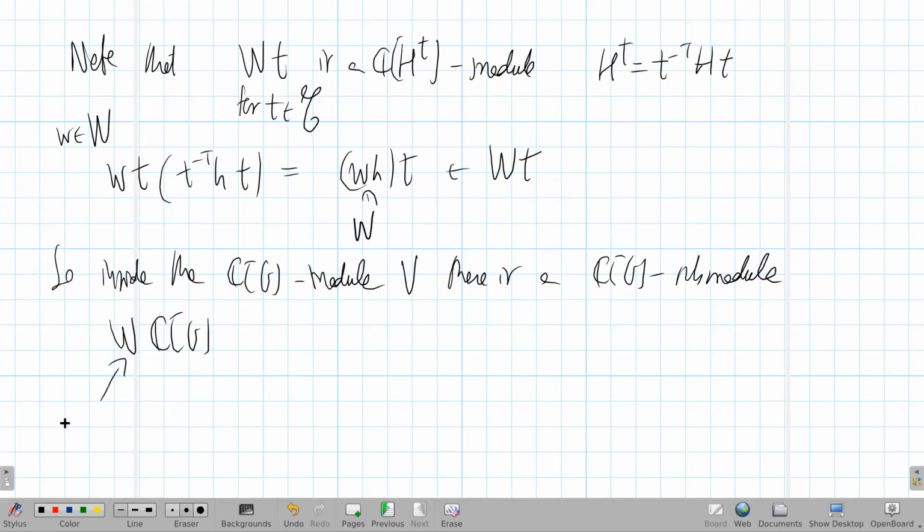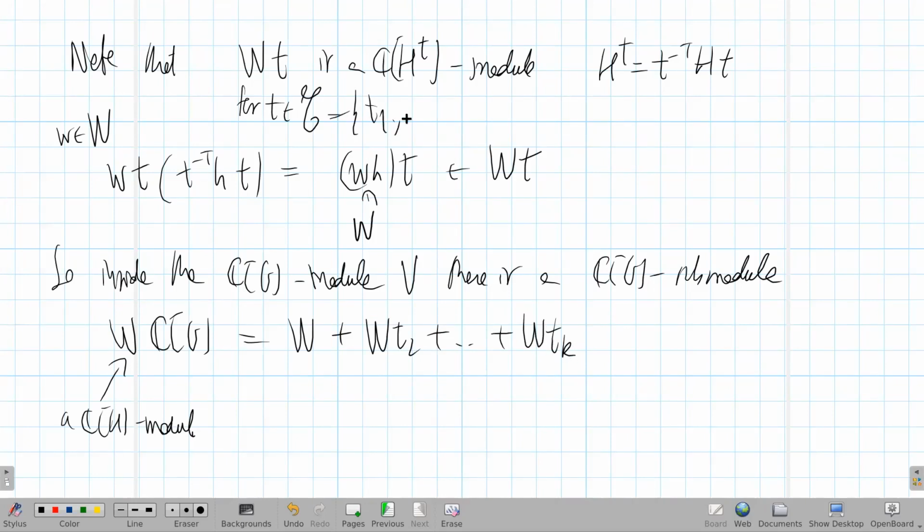Remember, W is a CH module, which is W plus, this is just a sum, nothing more, where T is a transversal. This is the sum, T1 is one here, of these modules for the group algebras.